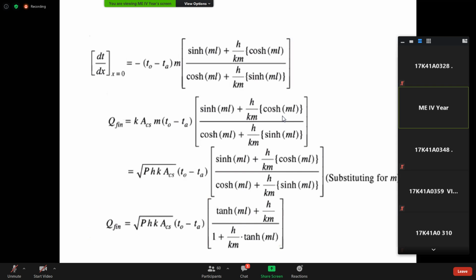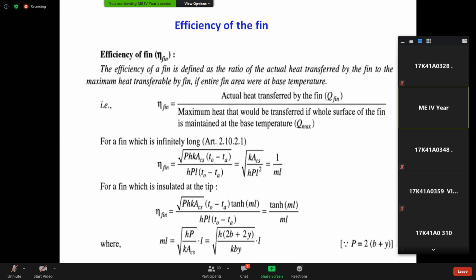These are the three cases: the infinitely long fin, the short fin with insulation, and the short fin without insulation. There is one more topic in this: fin efficiency. What is fin efficiency? The fin efficiency is nothing but the actual heat transfer to the maximum heat transfer. Actual heat transfer depends upon the type of fin.